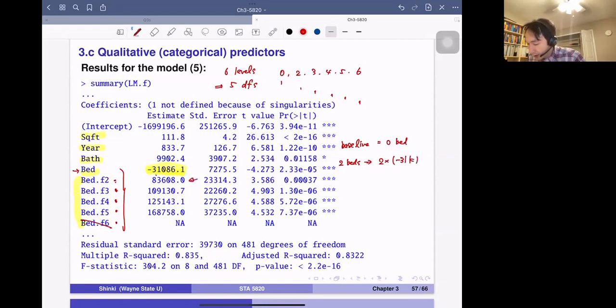But the plus 83.6. So the total impact is negative 62, positive 83.6, so positive 21.6K. So actually for 2 bedrooms we have a positive impact, $21,000 more.